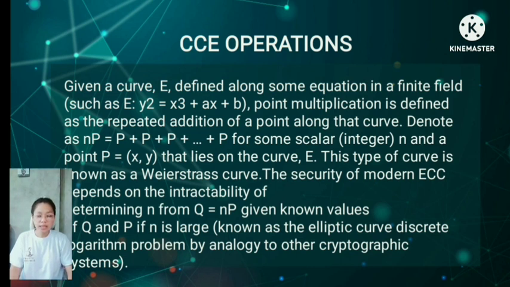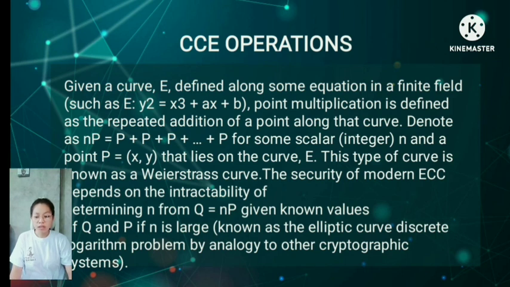Denoted nP = P + P + P + ... + P for some scalar integer n and a point P = (x, y) that lies on the curve E. This type of curve is known as a Weierstrass curve.